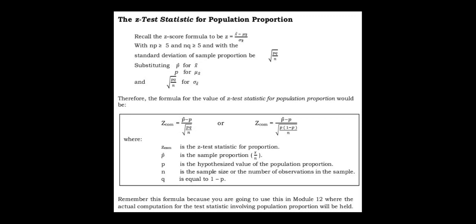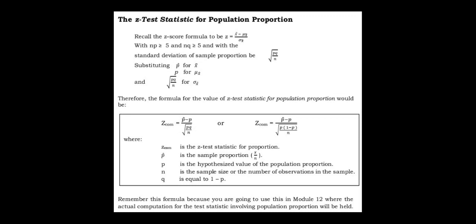With np greater than or equal to 5 and nq greater than or equal to 5, the standard deviation of the sample proportion would be the square root of pq over n.